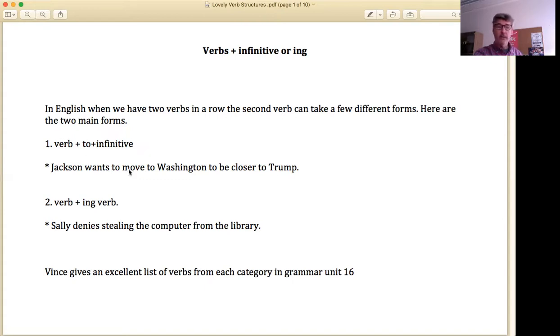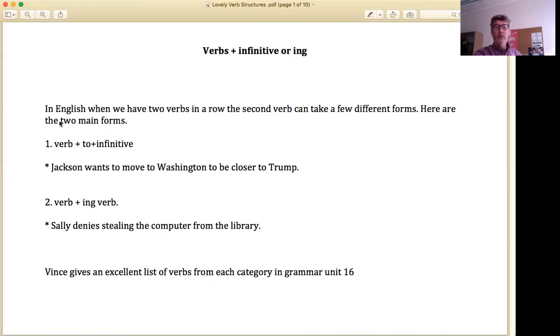You learned this back in grade school. Then there's one that we don't think of so much, but it's also very common, where the second verb is an ing verb, or what people call a gerund. Here we have: Sally denies stealing the computer from the library.